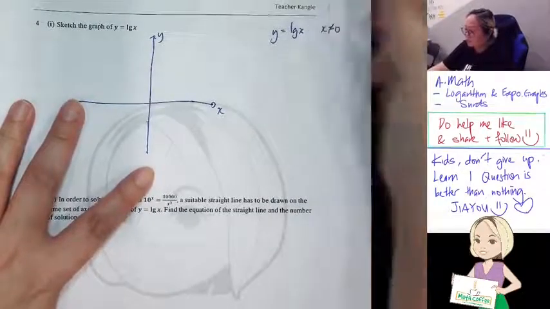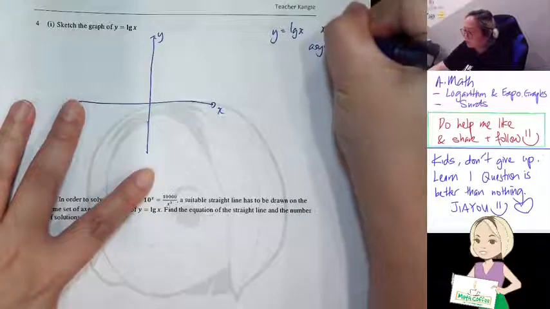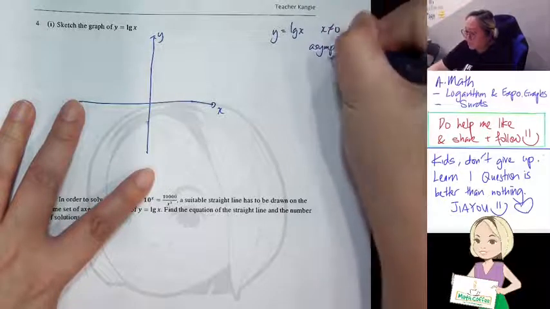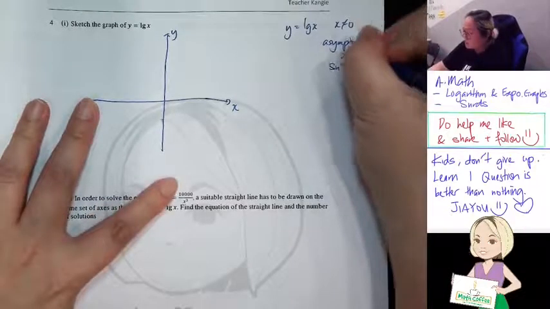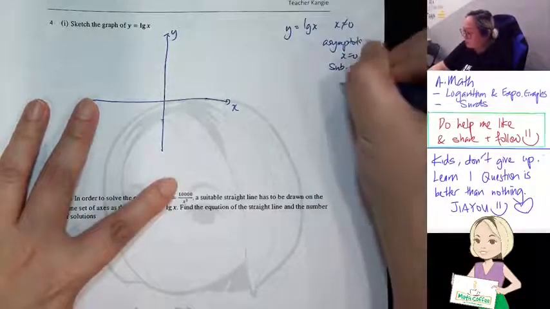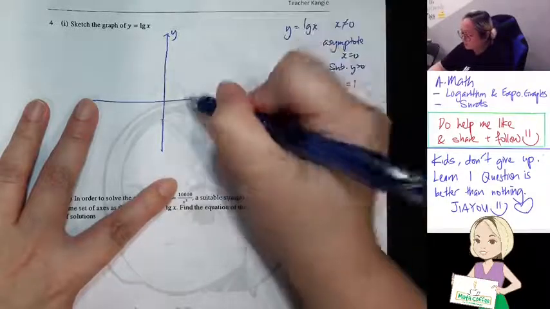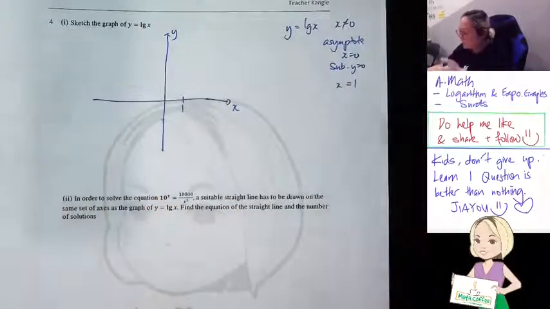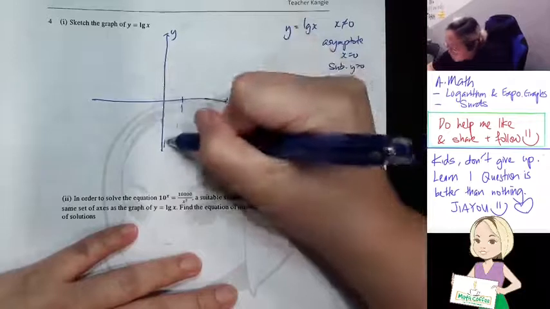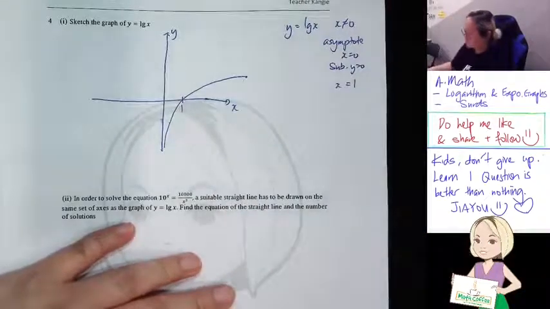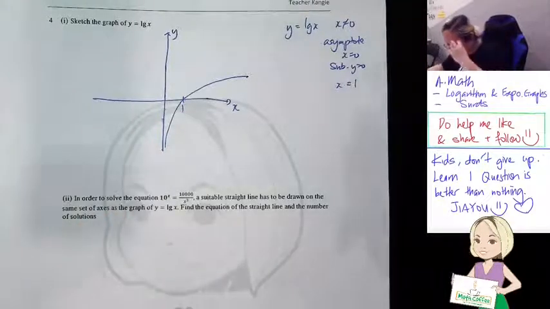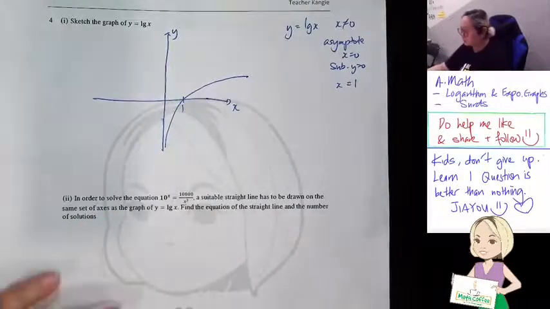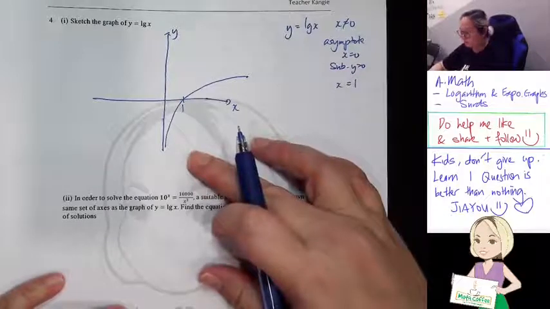So therefore my asymptote is x equals to 0. And same thing, I want you to sub in y equals to 0, and of course you know that your x equals to 1. So again, it cuts through at 1. For a logarithm graph, it's always the same shape.